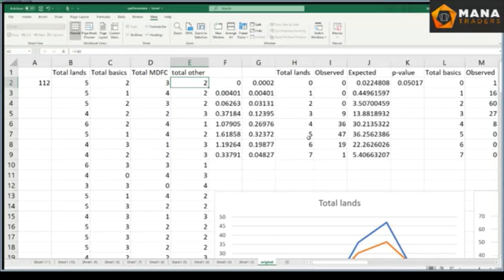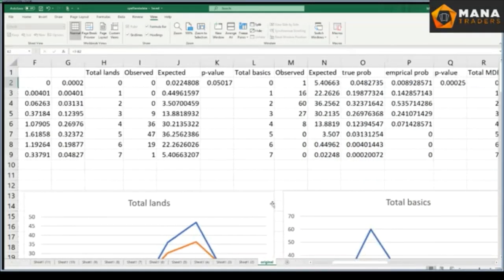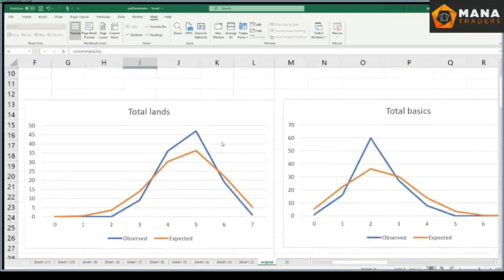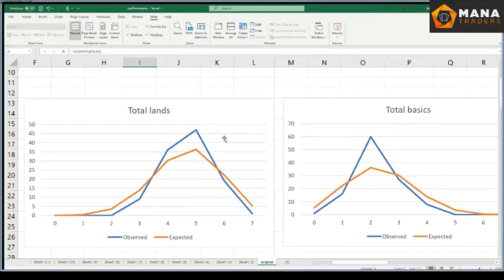Okay, and so here we have the observed values, and this is for the total lands. In our observation, this is what we observed, and we can see that in the chart below. The observed data is depicted by the blue curve, and the expected data, without the hand selector, is depicted by the orange curve.